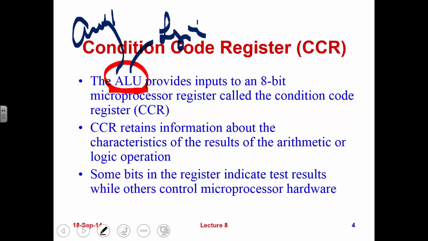So we need to write branch instructions based on the values of the condition code register. In general, these values are provided by the ALU. The value of the condition code register, 8 bits, we call them flag bits, comes from the ALU.